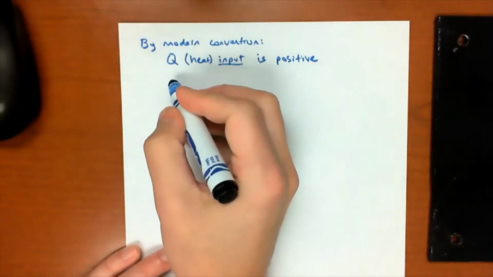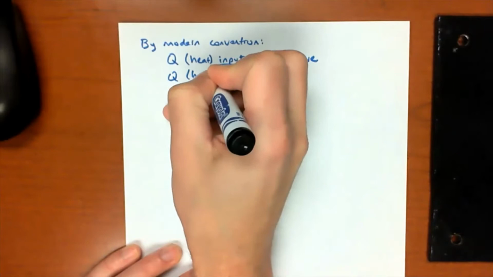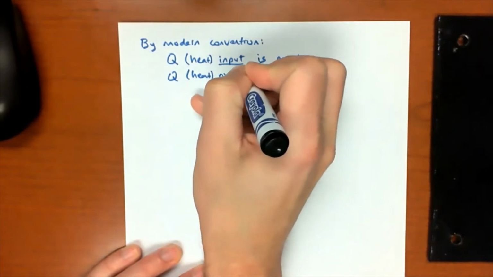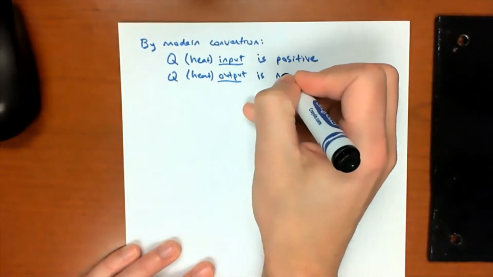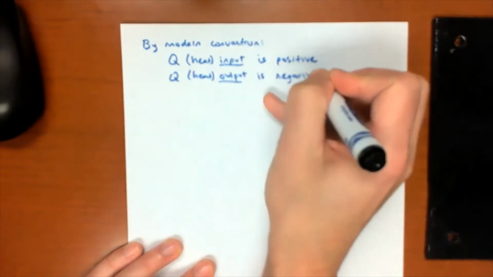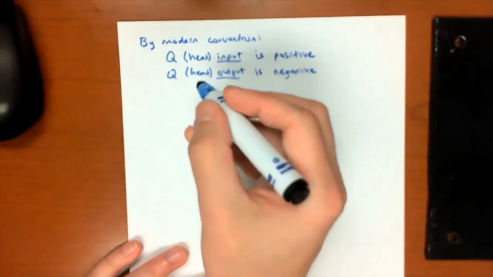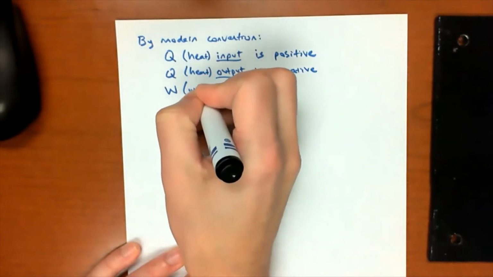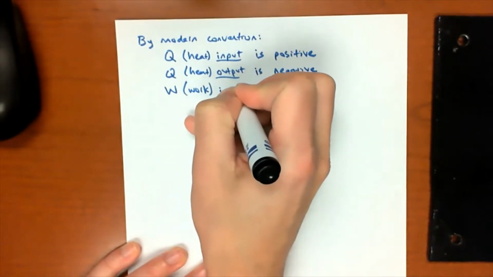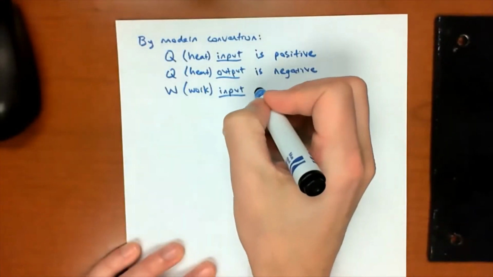And the opposite is true. A Q output, or heat output from the system, is negative. So we're going to subtract from the internal energy of the system. And then the work is going to be similar. W, work input to the system, when we do work on the system, is positive.